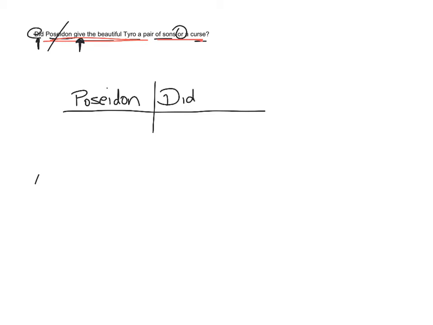Poseidon did give. Now, the question is, what is the object that's most directly related to give? What was actually given? Well, what was given is either a pair of sons or a curse, one or the other. So those are direct objects. I'm going to put my direct object line in here, but now because I have two possible direct objects, I'm going to split it.